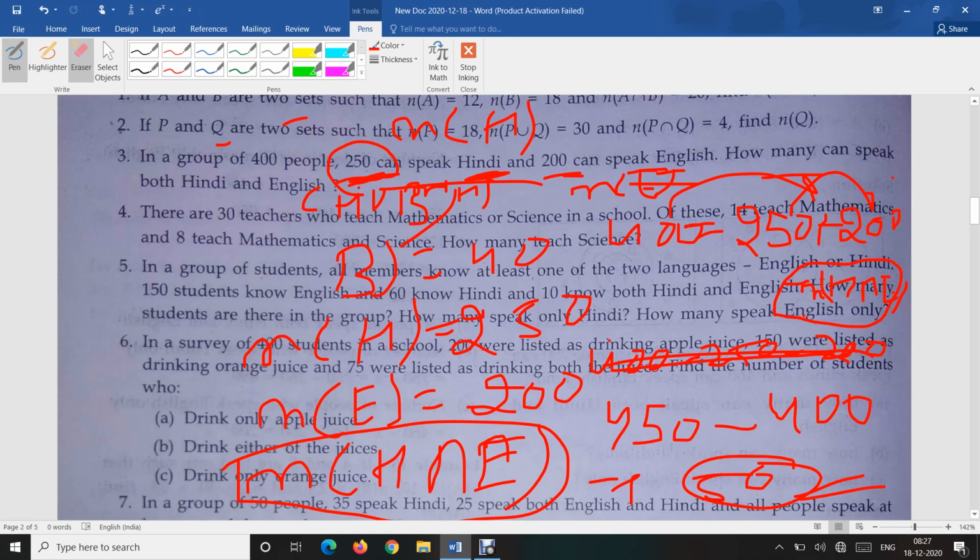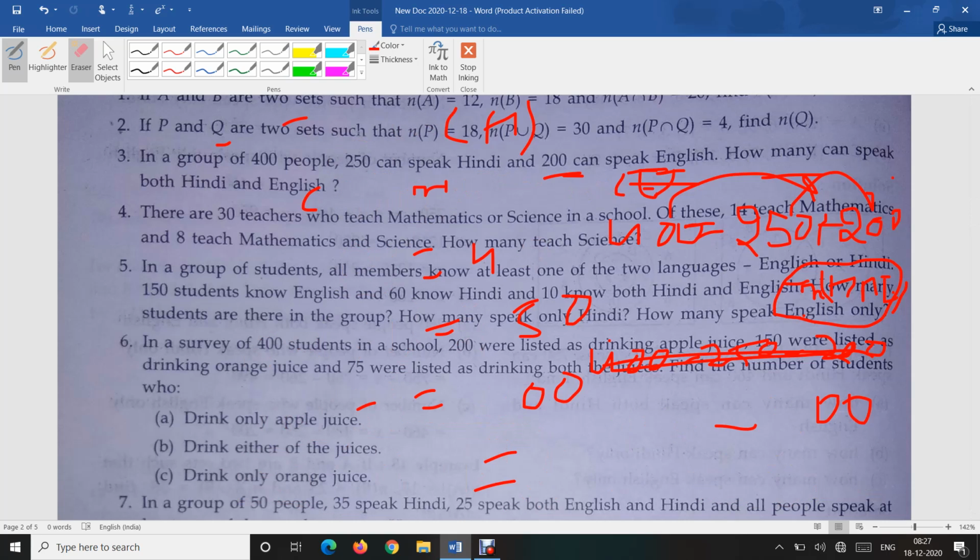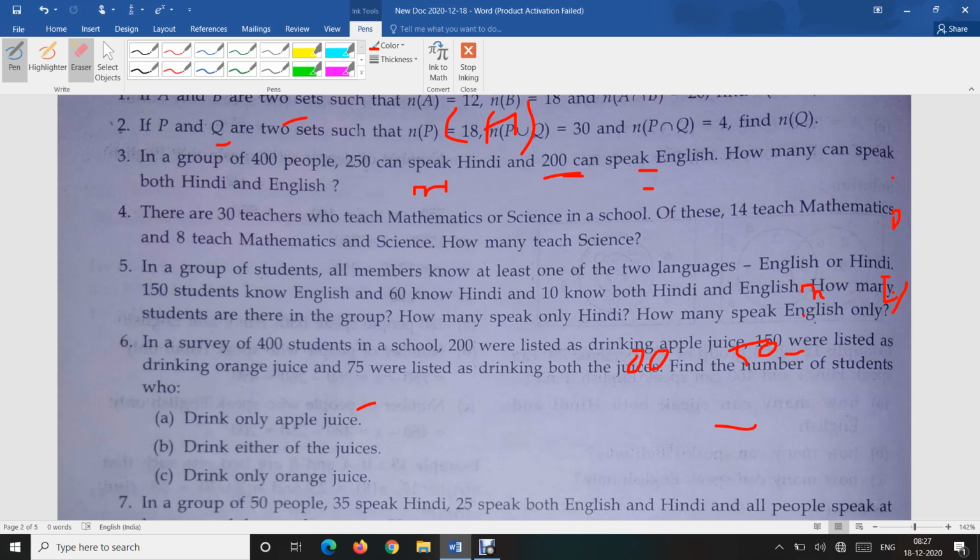Now let us move towards the next question, question number 4. It says that there are 30 teachers who teach mathematics or science in a school. Of these, 14 teach mathematics and 8 teach both mathematics and science. That means it is the intersection portion: n of M intersection S is 8.